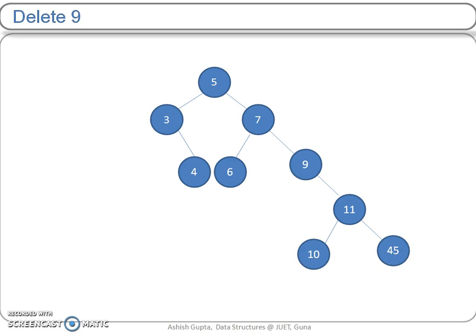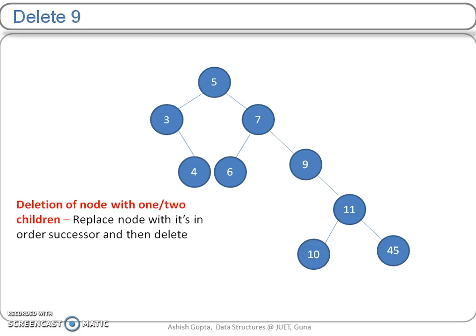Next, if I try to delete 9, you see that 9 has one child, the right subtree only. To delete this kind of node, which has children on the left or right or maybe both, we need to find the inorder successor of the node we want to delete.